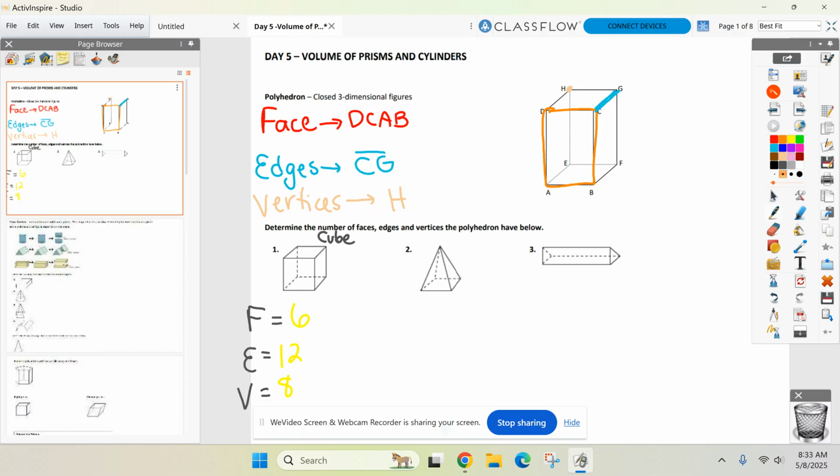I don't know if you guys know what the name of this one is. We're going to study it tomorrow. This is a pyramid. Polyhedron called a pyramid. So go ahead again, find the number of faces, edges, vertices. The bottom counts too. The floor there of the pyramid counts as a face.